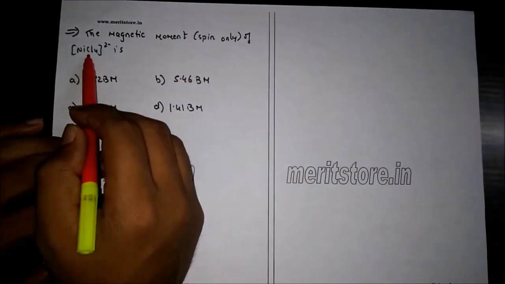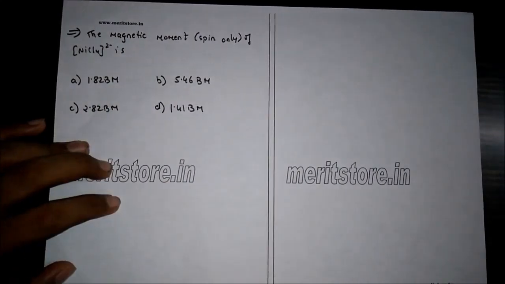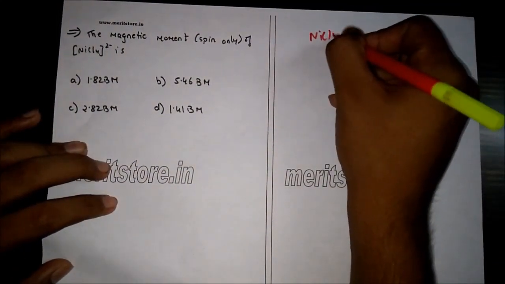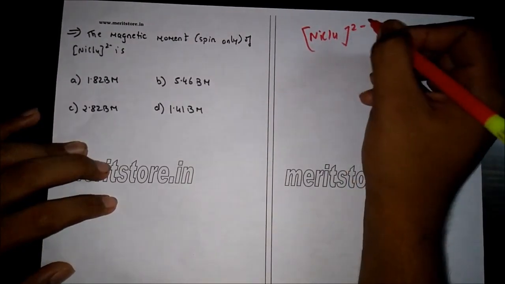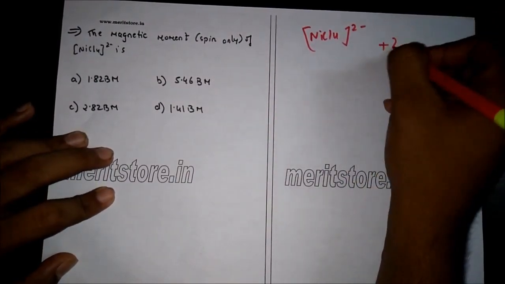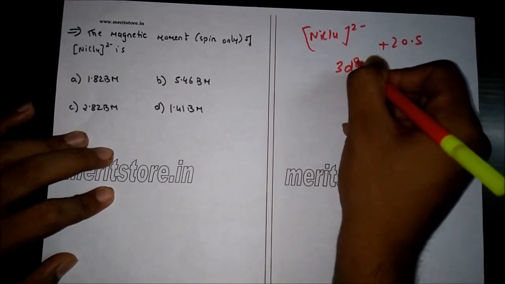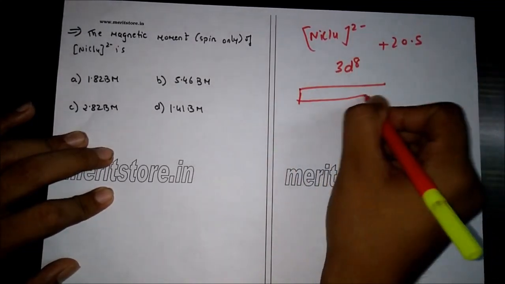The spin-only magnetic moment of [NiCl4]2- is, here are the options. Now, in the paramagnetic and tetrahedral complex [NiCl4]2-, nickel is in the +2 oxidation state and has the electronic configuration of 3d8.